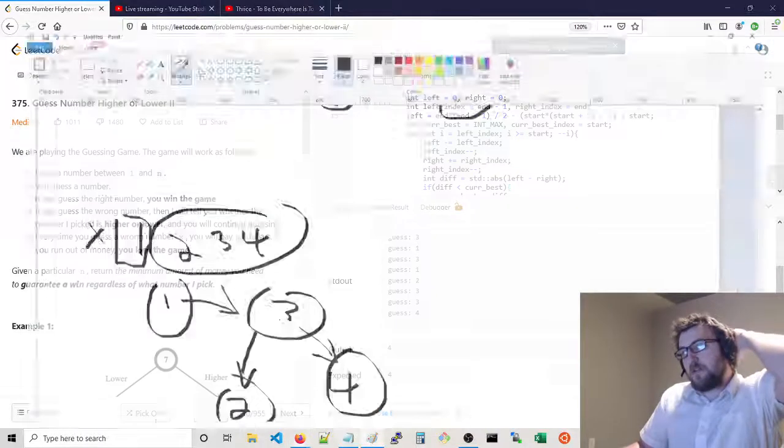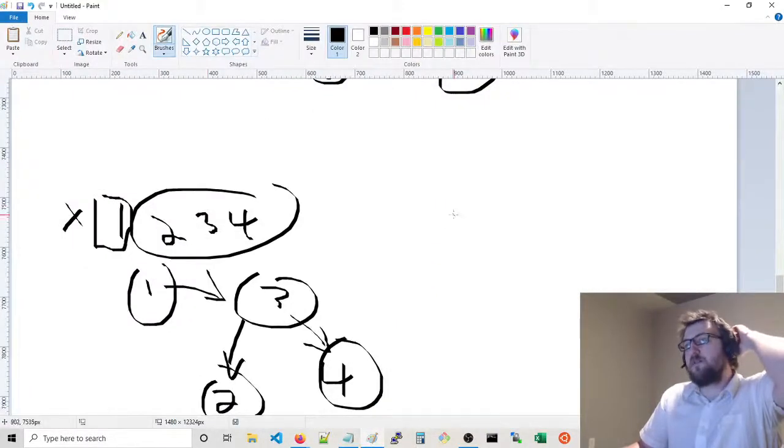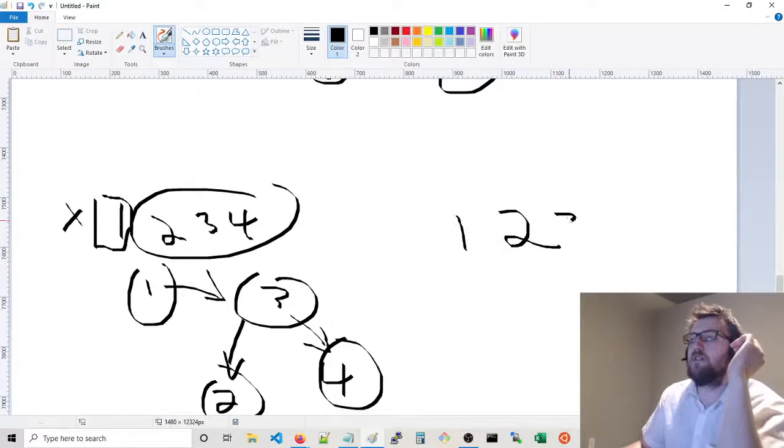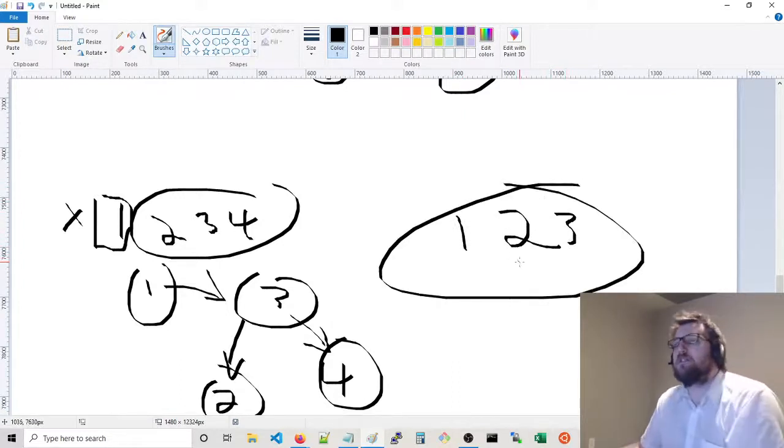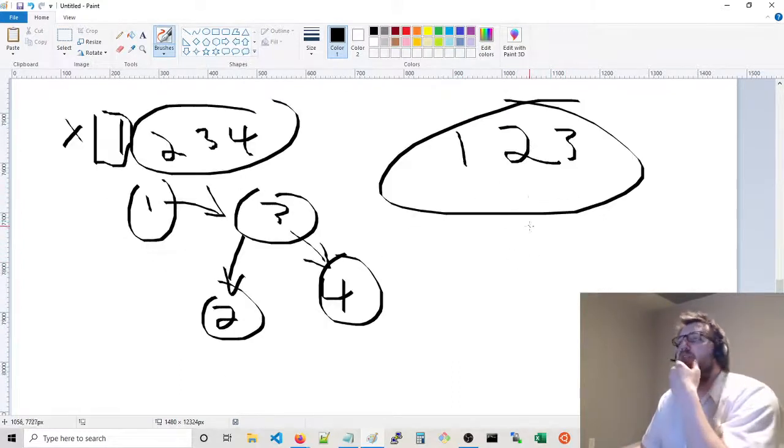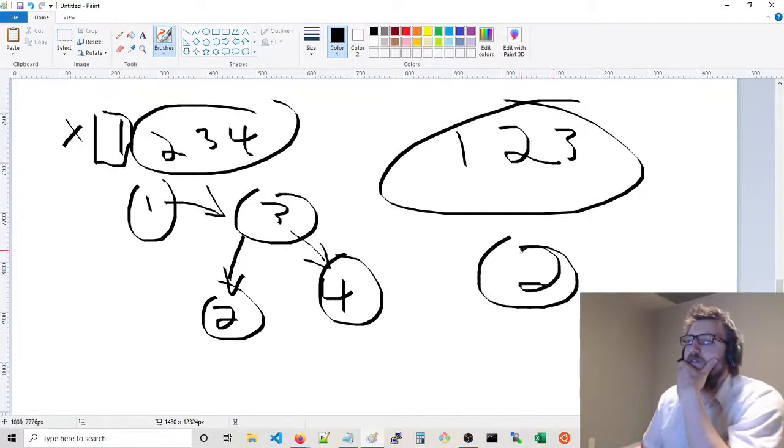Yep. And then for 1, 2, 3, this is also kind of a base case, which is just going to be 2, 1, and 3.